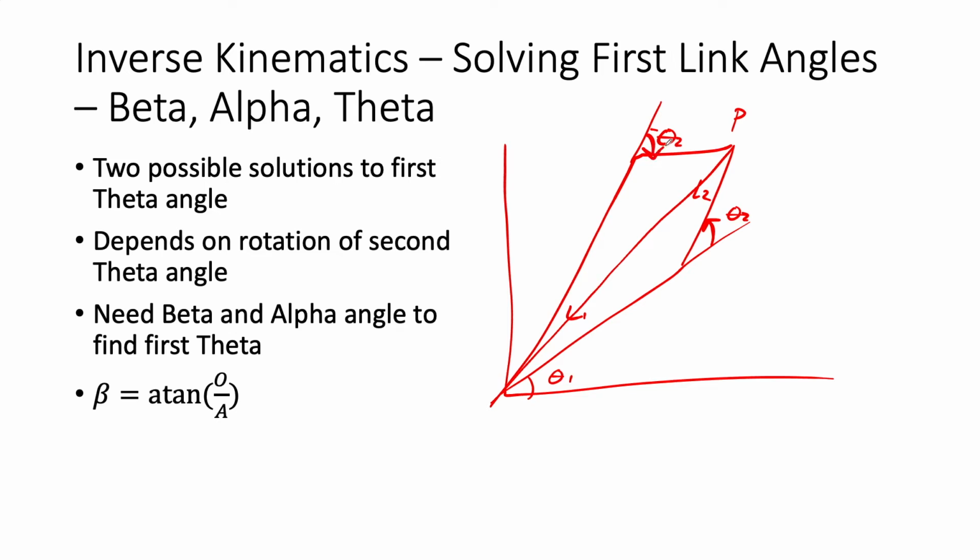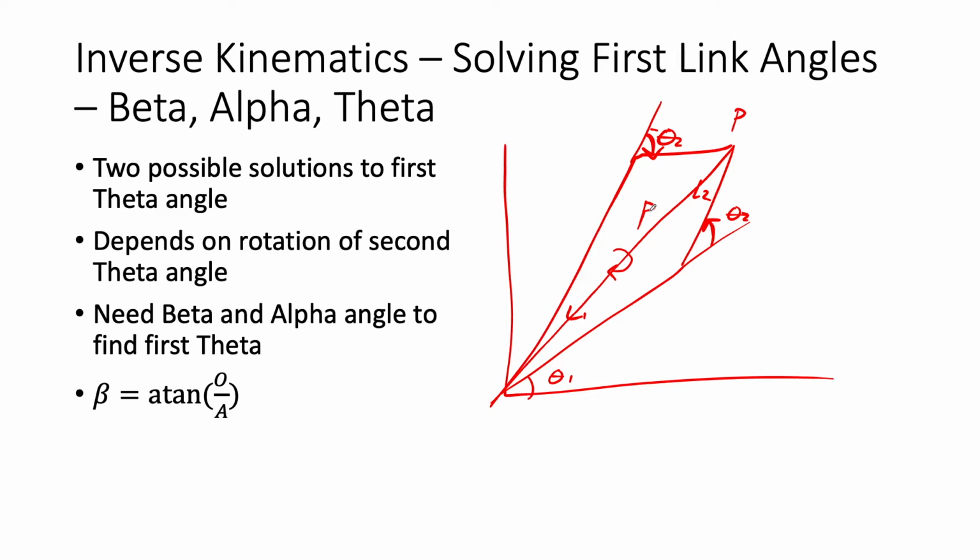This is a negative rotation. And when you rotate around this angle, or this side P that we constructed, you have basically an infinite number of solutions, but within a plane you still have 2 for a positive and negative theta 2.